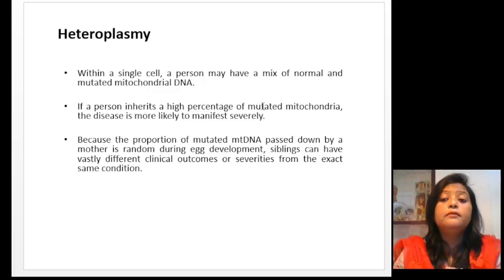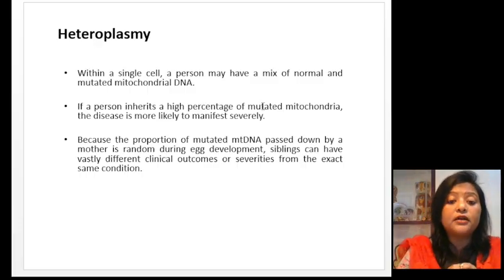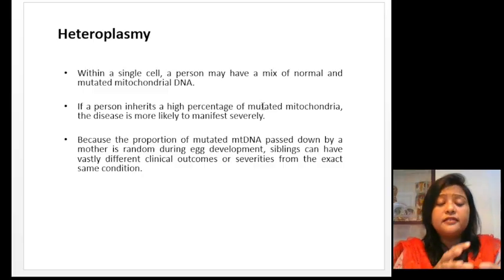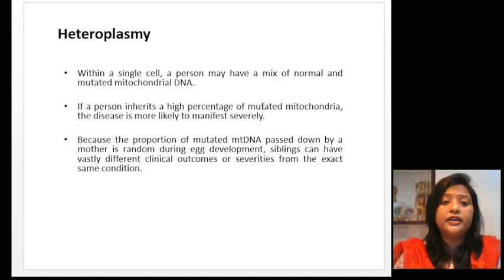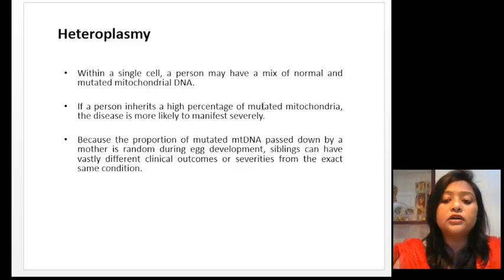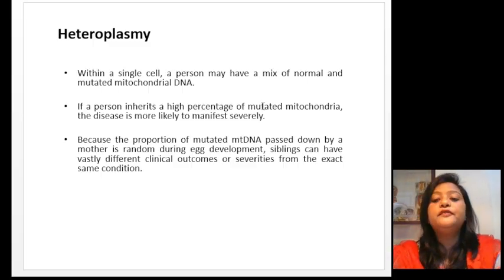Now, this proportion of mutated mitochondrial DNA is passed down by the mother. The transfer of mutated mitochondrial DNA is random during egg development. So when siblings are formed, boy or girl, they will have different clinical outcomes or different severities.